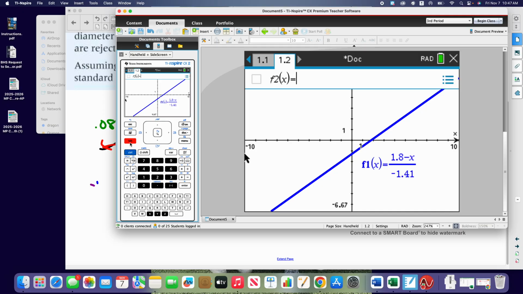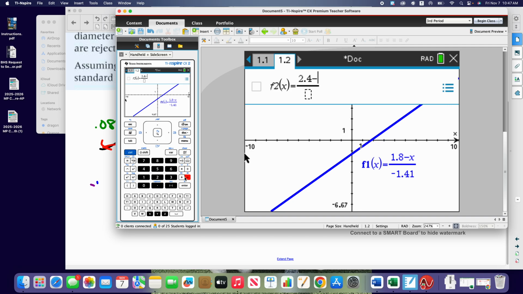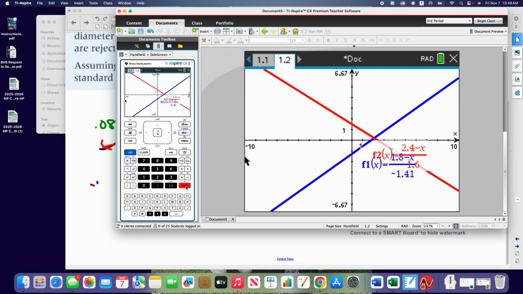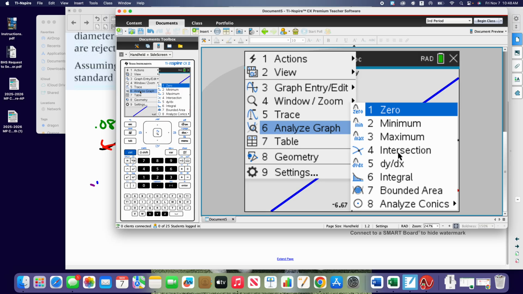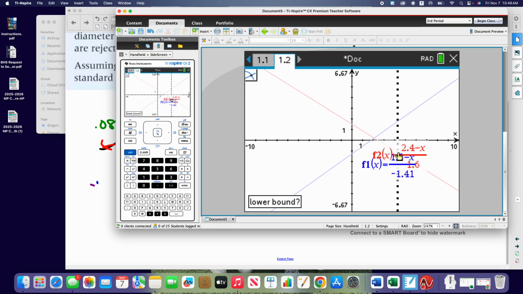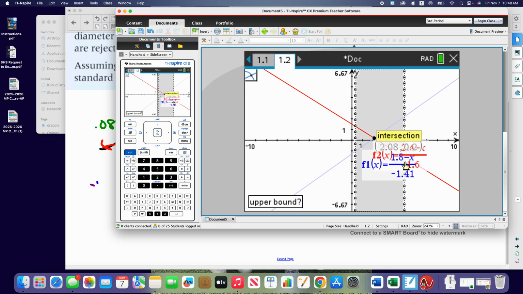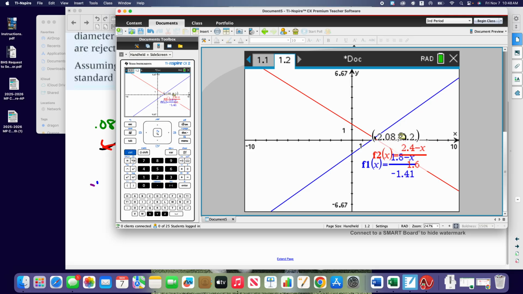I hit tab again, and I can say the other one was 2.4 minus x over the 1.598. They intersect, all right? And the place that they intersect, I'm going to go analyze, intersection. And so they intersect at 2.08 and 0.2.